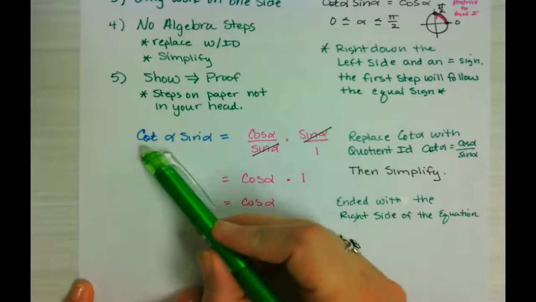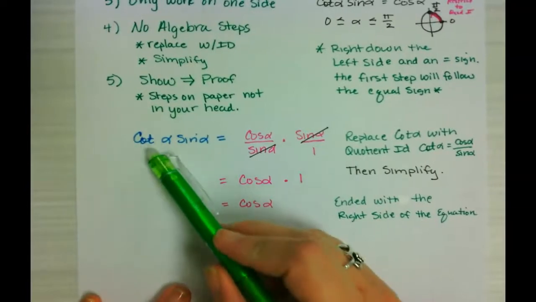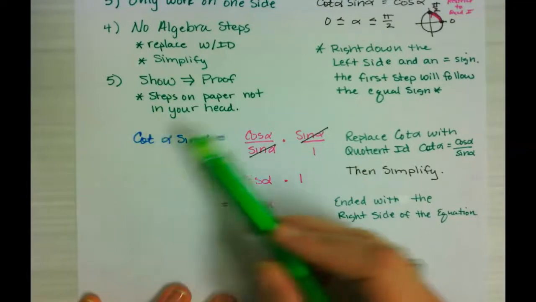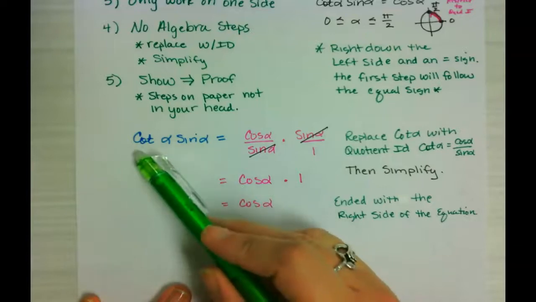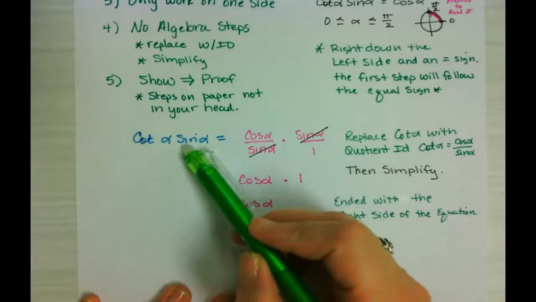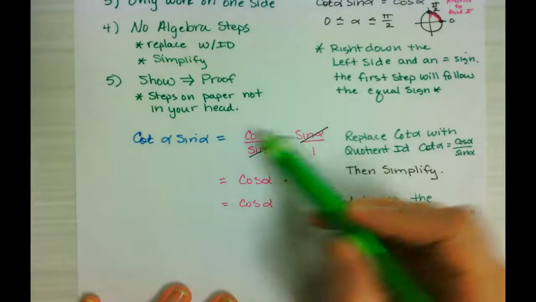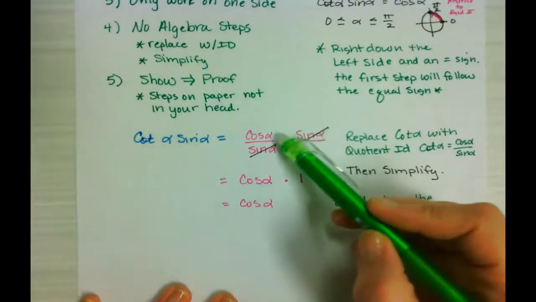I know from the identities we looked at in the beginning that I had a cotangent identity that I could write using sine and cosine, and I want to use that particular one because of this sine right here. So that's my quotient identity. So I took out cotangent alpha and replaced it with cosine alpha over sine alpha.